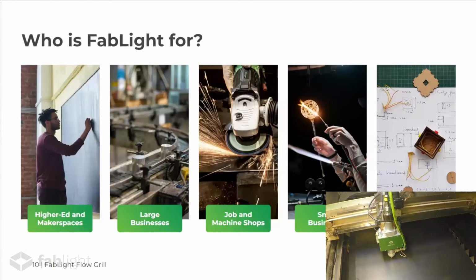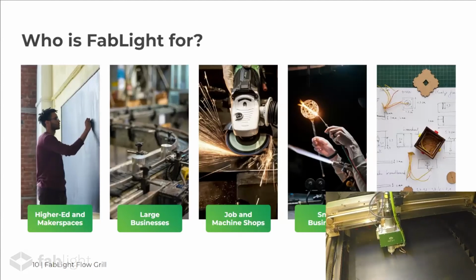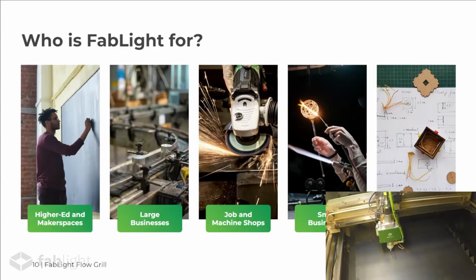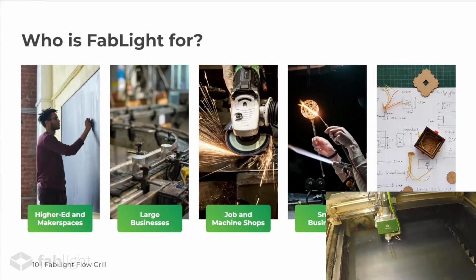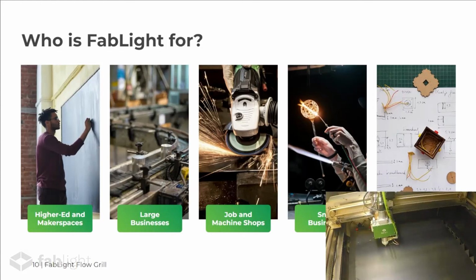We have customers in a wide range of industries that take advantage of how affordable our systems are. Companies like Ford, Amazon Labs 126, universities like Berkeley, Georgia Tech, MIT, and a lot more already trust us for their metal cutting needs. Our systems can be found in university makerspaces, high school labs that want to give their students access to high-end manufacturing capabilities.